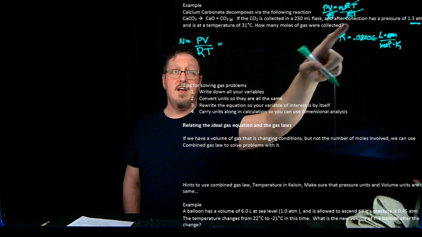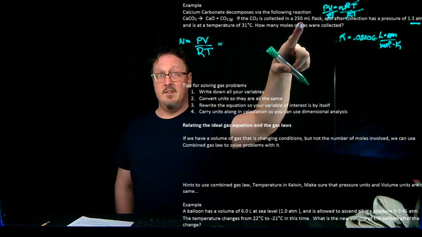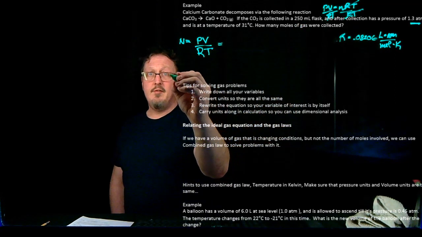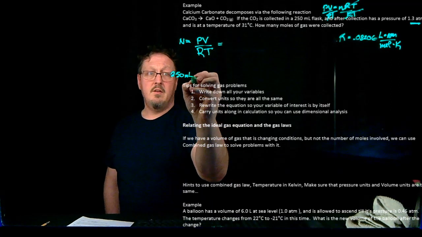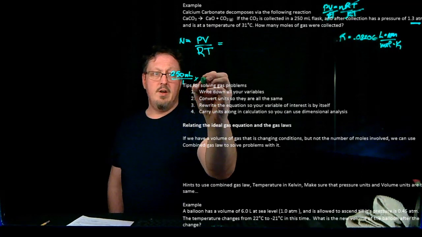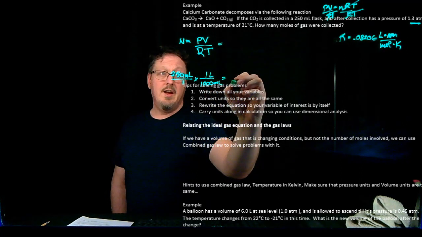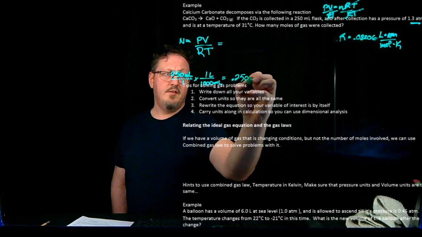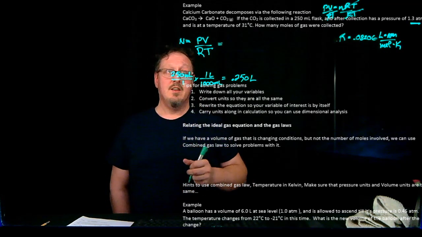So that means that I have to take 250 milliliters, and we have to turn that into liters. So let's do that first, all right? So 250 milliliters over 1. Now we know that there are 1,000 milliliters in 1 liter, which means that we're going to have 0.250 liters, okay? So that's one thing that we don't have to calculate.